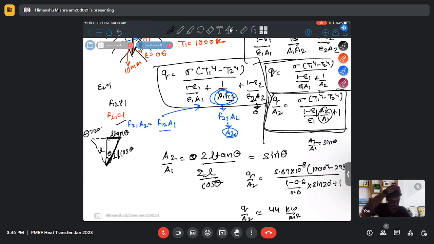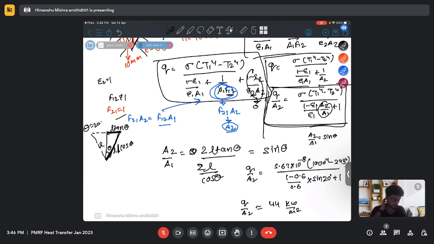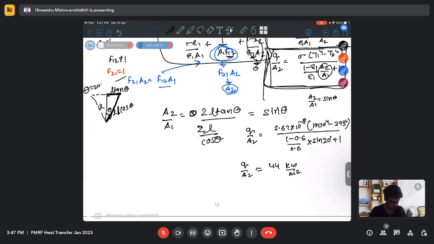Then emissivity 2 is 1, which means that this term vanishes, and we modify the heat transfer formula to the radiant flux, which is basically heat transfer divided by area A2. We just substituted the values and found the radiant heat flux for this problem.